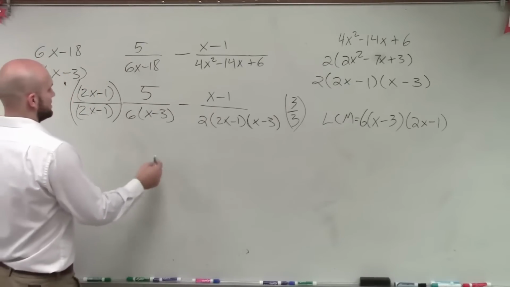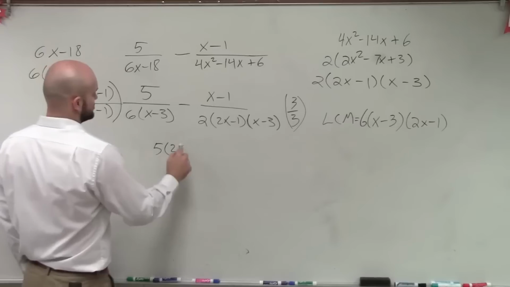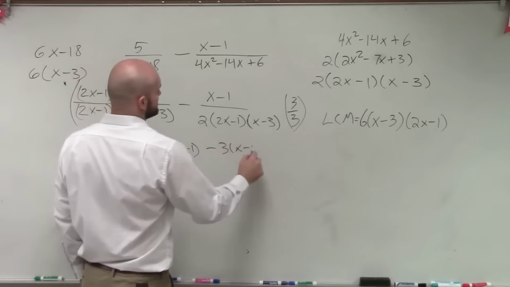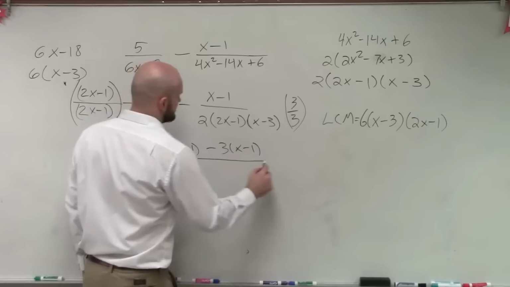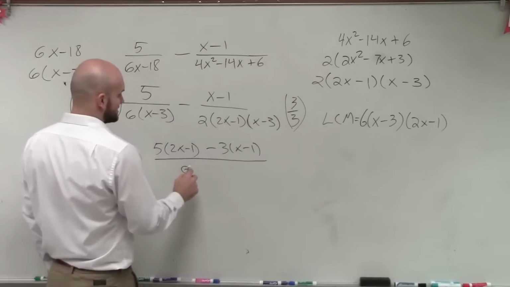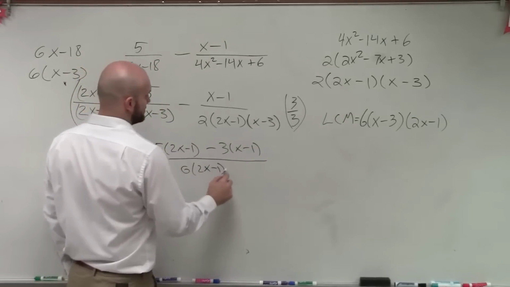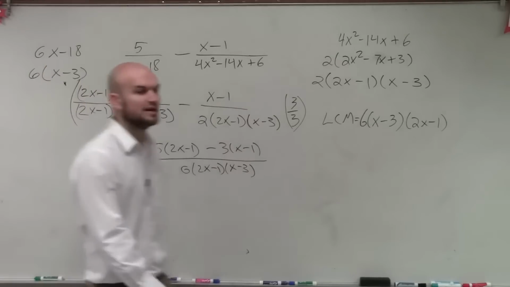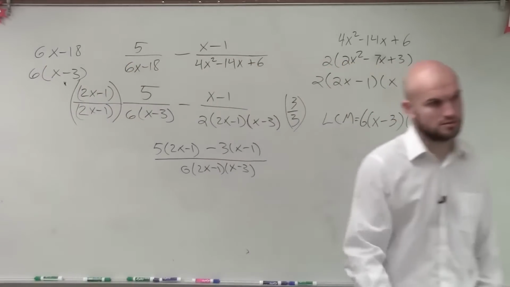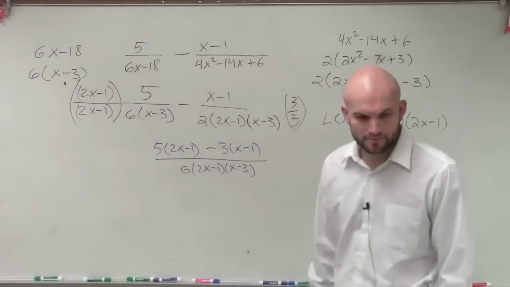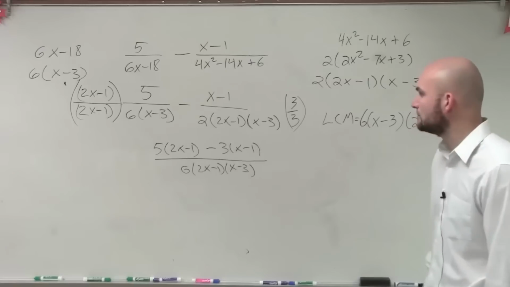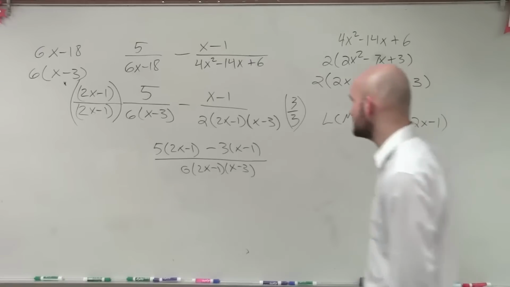Our denominator is going to be our least common multiple. So therefore, we'll have 5 times 2x minus 1 minus 3 times x minus 1, divided by 6 times 2x minus 1 times x minus 3. Yes? No? Okay. So now, let's go ahead and simplify this.